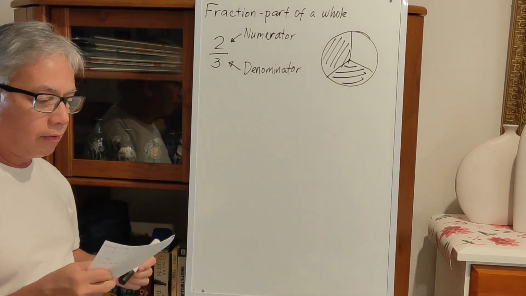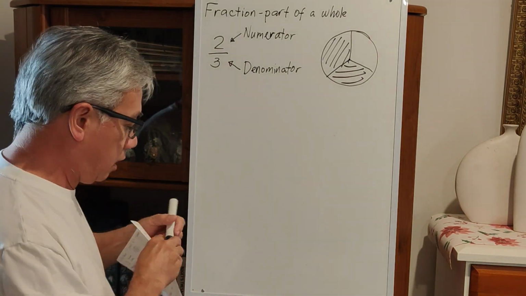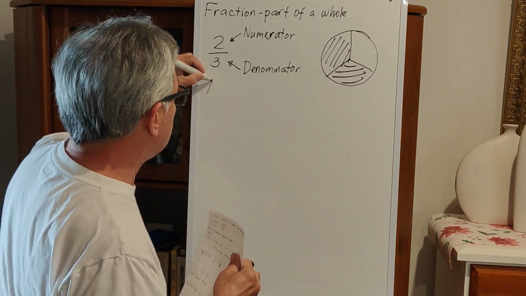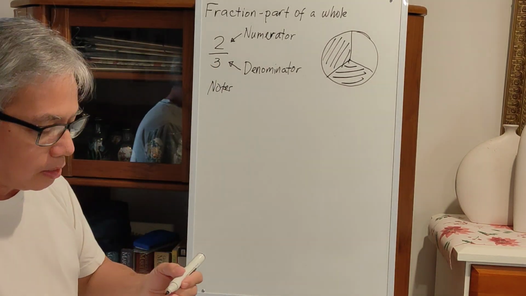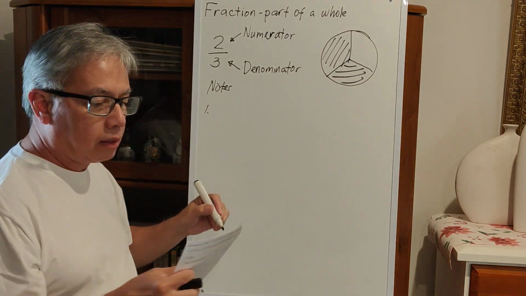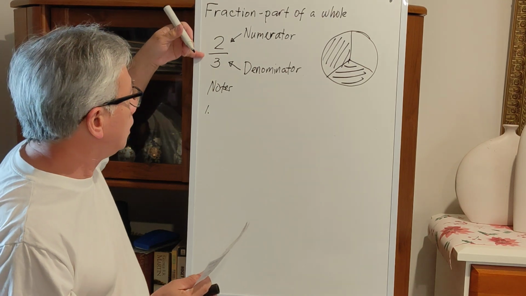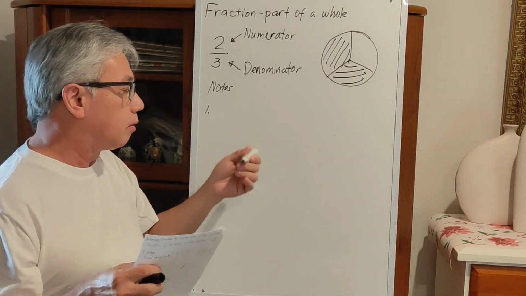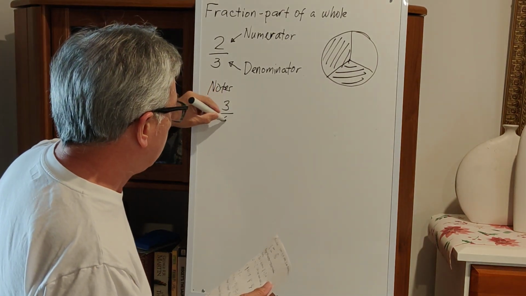So that is fraction. Now there are some notes that we need to discuss before we proceed that we will be needing later for our computation. Number 1, the bar can be rewritten as a division, like for example 3/4.